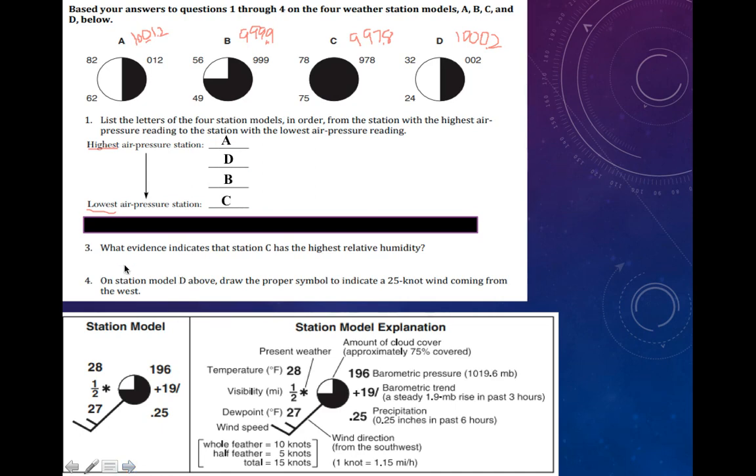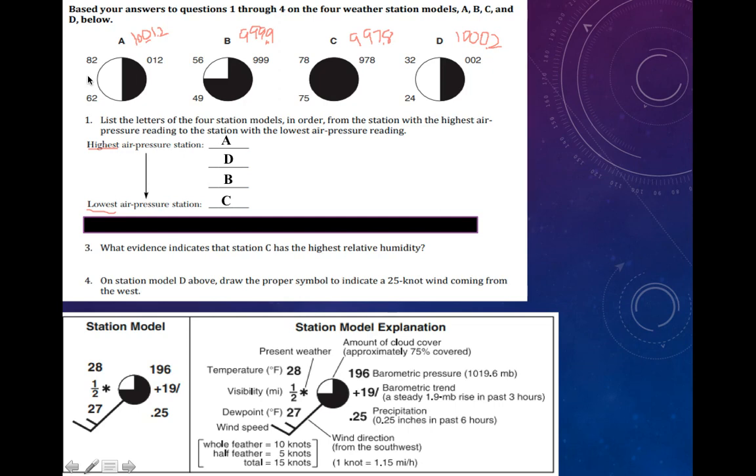All right. What evidence indicates that station C has the highest relative humidity? Remember, I said compare the temperature to the dew point. The closer they are together, that would indicate a higher humidity and also a higher likelihood of precipitation falling from the sky. And you could clearly see this is a 20-degree difference.